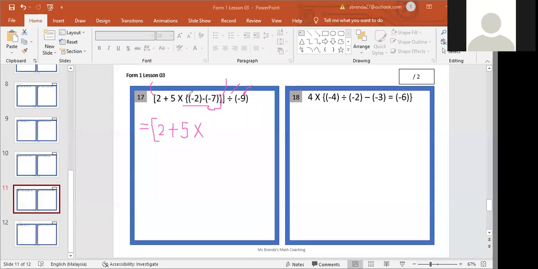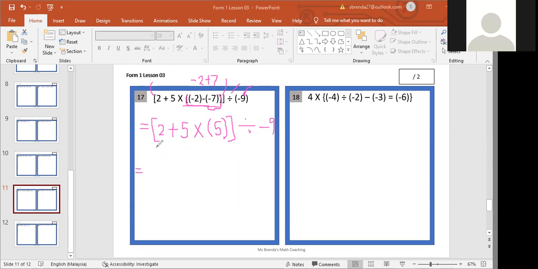Can you see this curvy bracket? Now, you tell me what is negative 2 minus negative 7. So this will become negative 2 plus 7. And what will be your answer inside this bracket? 5. 5, exactly. So that innermost bracket becomes 5. And of course, you close this bracket. Divide by negative 9.